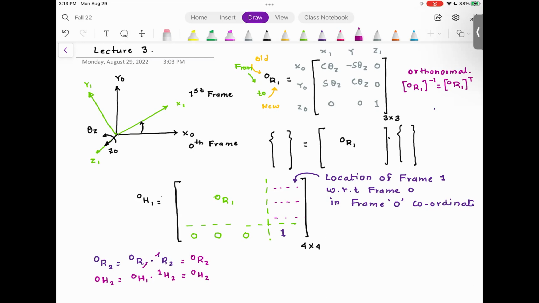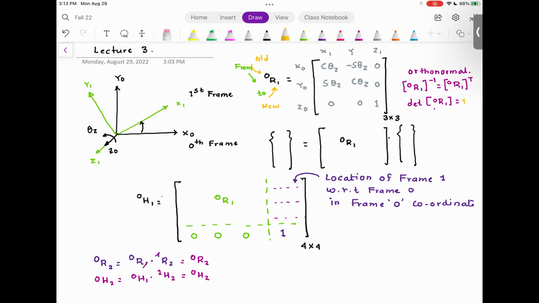And the determinant of a rotation matrix is 1. Everyone understood this? Determinant is a scalar quantity, so I should say 1.